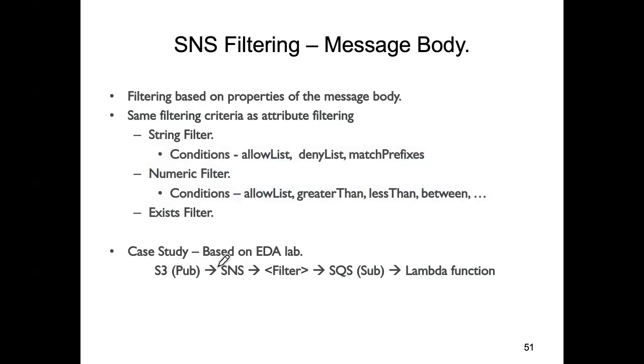We need to look at the structure of those messages in order to define a body-based filter. Our filter is going to examine the body of the message that has been published by S3, look for a particular property within it, and if the message has that property, then we allow it onto the SQS queue, and that will trigger our Lambda eventually.